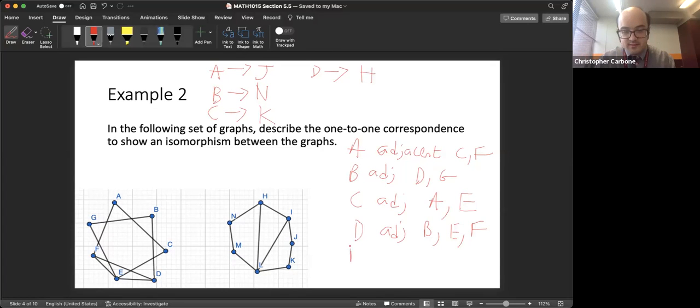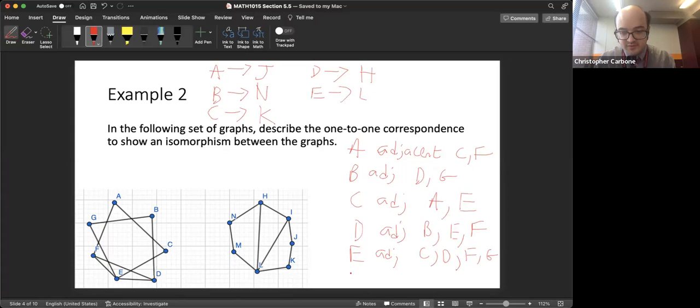Then E is adjacent to C, D, F, and G. So this one has 4. The one that E corresponds with on the second graph is going to be L, which is also 4.